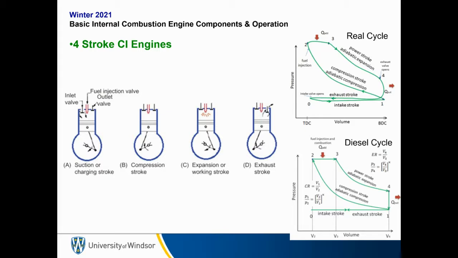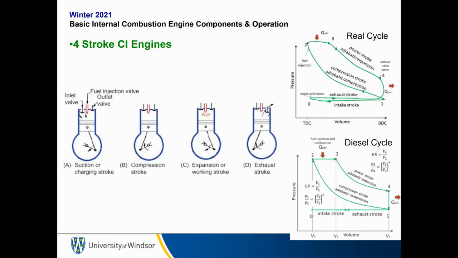And this is the idealized cycle, and there are a number of different parameters, more so than the Otto cycle. The compression ratio is the same, but then we have these pressure ratios for state 2 and state 3. So there are more parameters to define a diesel cycle than there are for an Otto cycle.